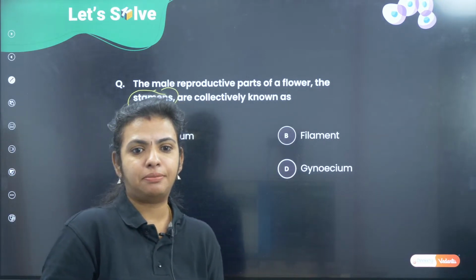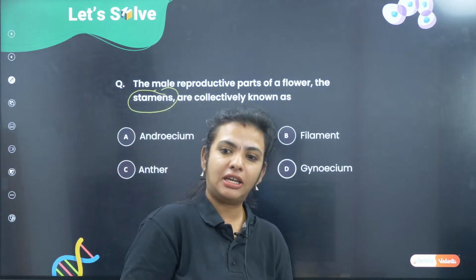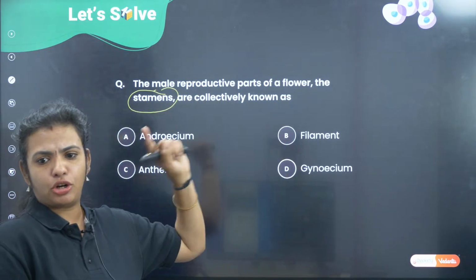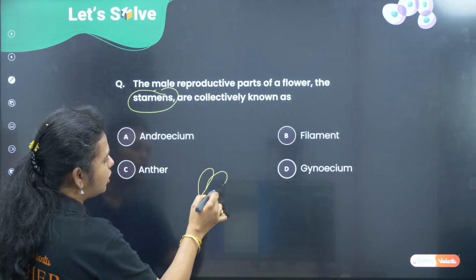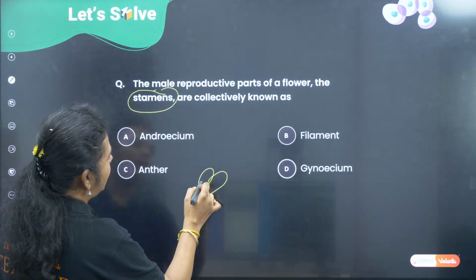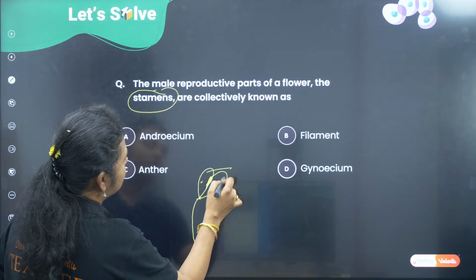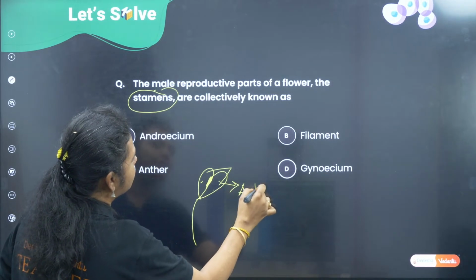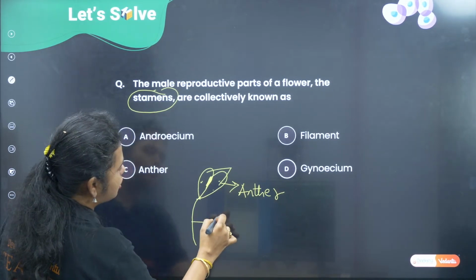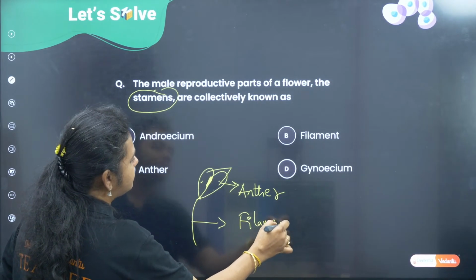Okay, so I am getting mixed answers here from Sairam and Netra. Stamen is a male reproductive part, children. How does it look? It's a bilobed structure. It's going to have two lobes. Okay. This is how it is going to be. This bilobed structure is called as anther and the long stalk is called as a filament.